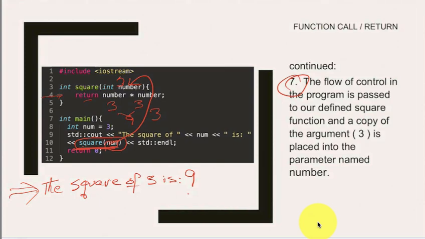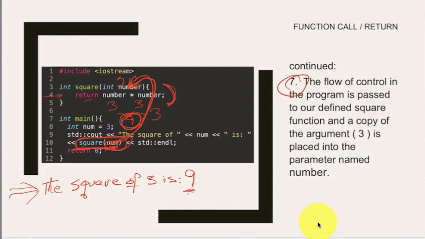So the flow of control in this example at this point during runtime is: the function call happens, the data is passed, the defined function works with that data and returns a result. In this case, the returned result is 9, and that 9 replaces that function call as part of the output string.